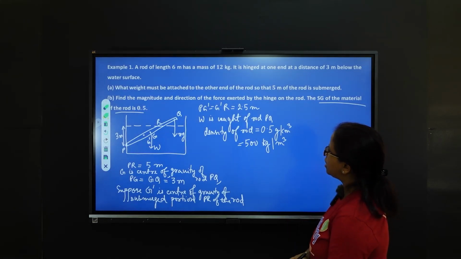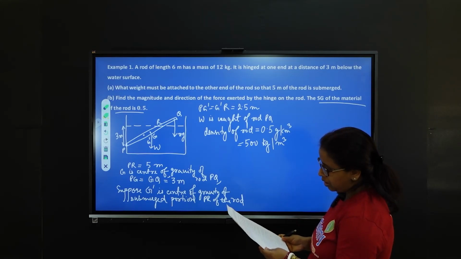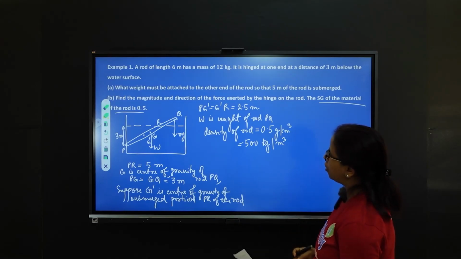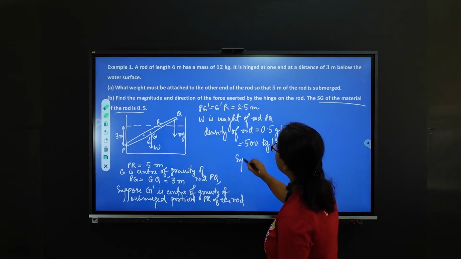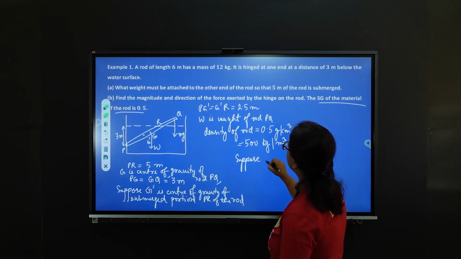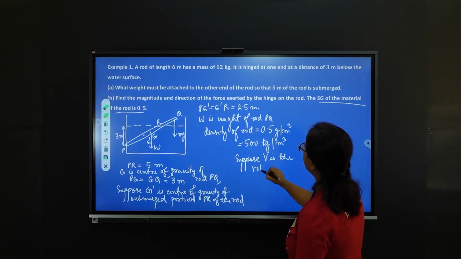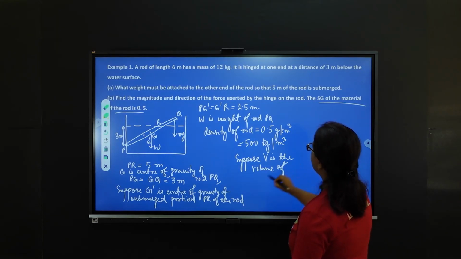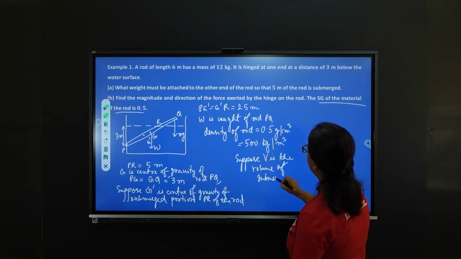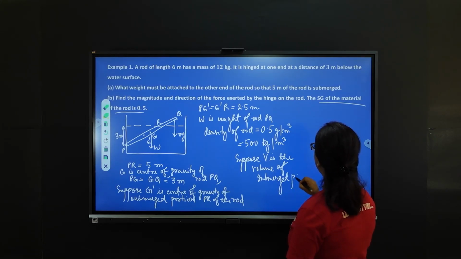Once we have the density, we can easily find out the volume now. So we suppose that for the submerged portion, V is the volume of the submerged portion of the rod.